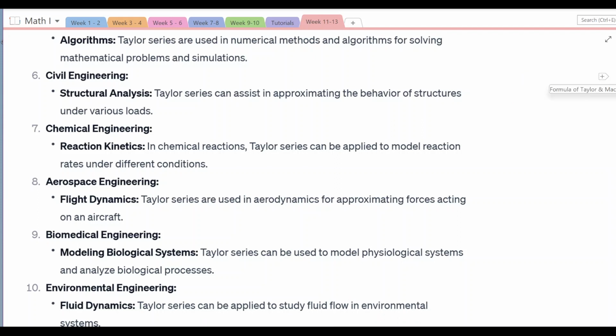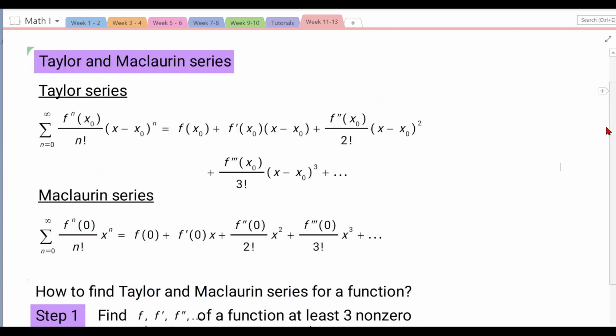So what is the general formula of the Taylor and Maclaurin series? As I said, this is just like the previous discussion on power series, but as you can see, it is expressed as a power series in x. This is our x here, and the difference between Taylor and Maclaurin series is only the center.